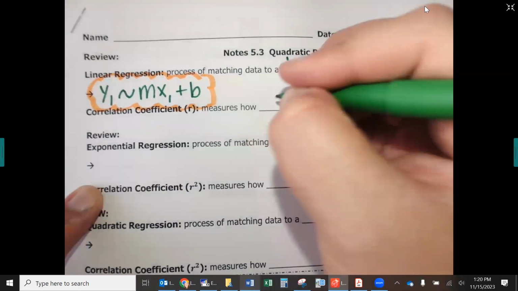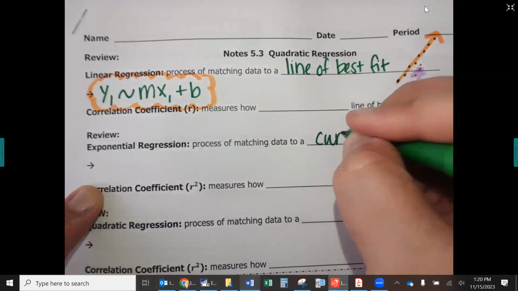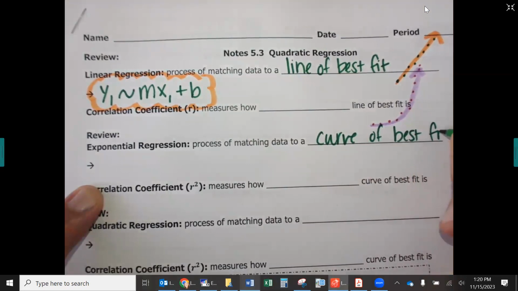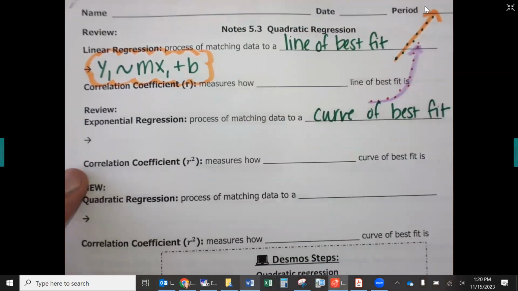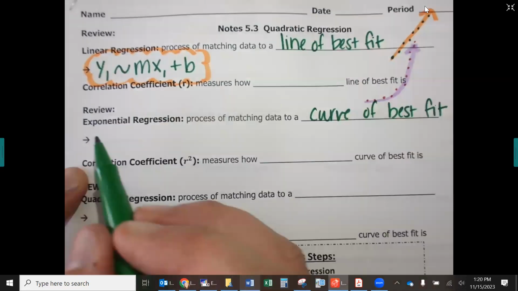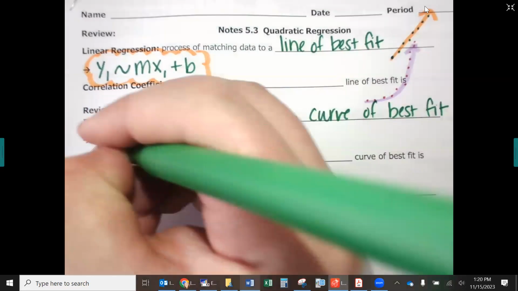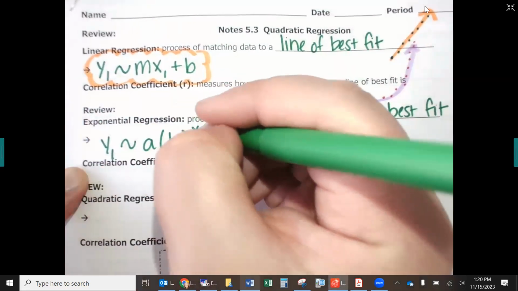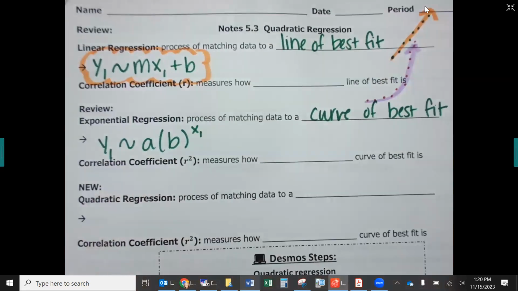Okay, so put right here, curve of best fit. Okay. And that, you're going to do that. Your equation is y1 squiggle ab to the x1. Okay, that's what we learned last class.